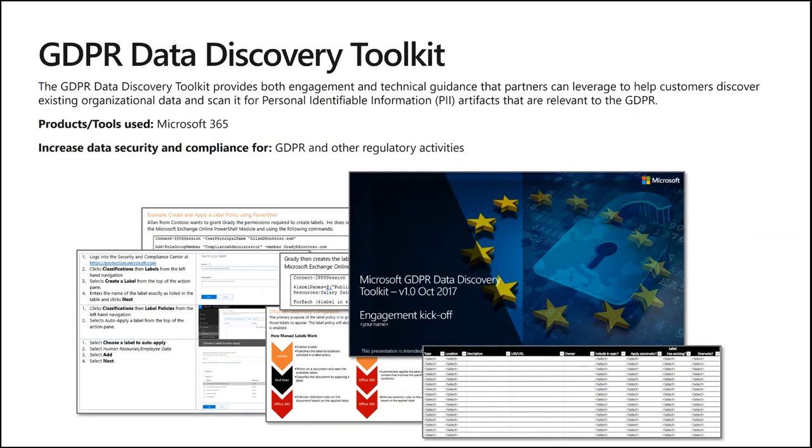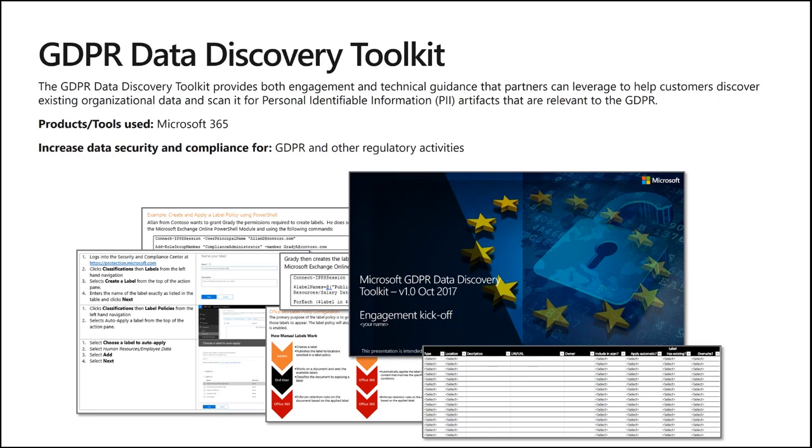And you also have the GDPR Discovery Toolkit. This is in conjunction with the Excel spreadsheet that asks a series of questions. This toolkit is something that you can download from the partner site, and it gives you the ability to run a pre-canned set of workloads and discovery processes to pull in information about the clients that you currently engage with.